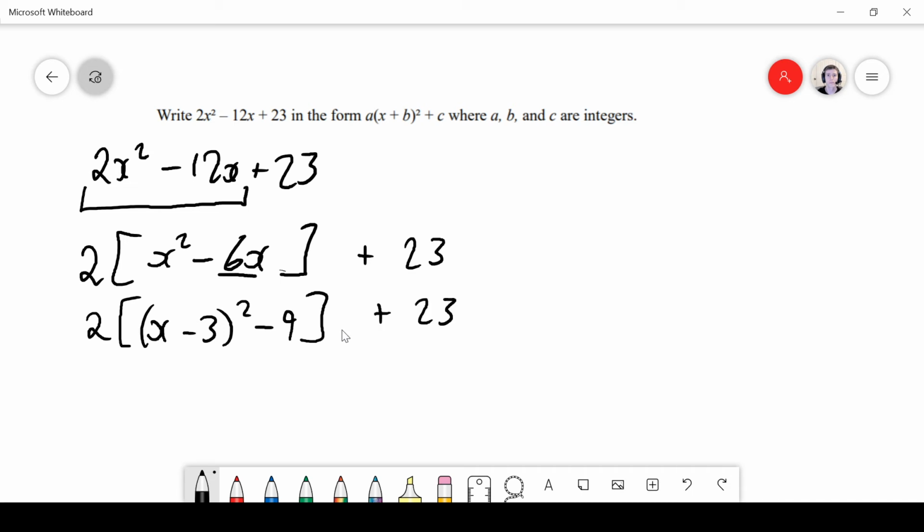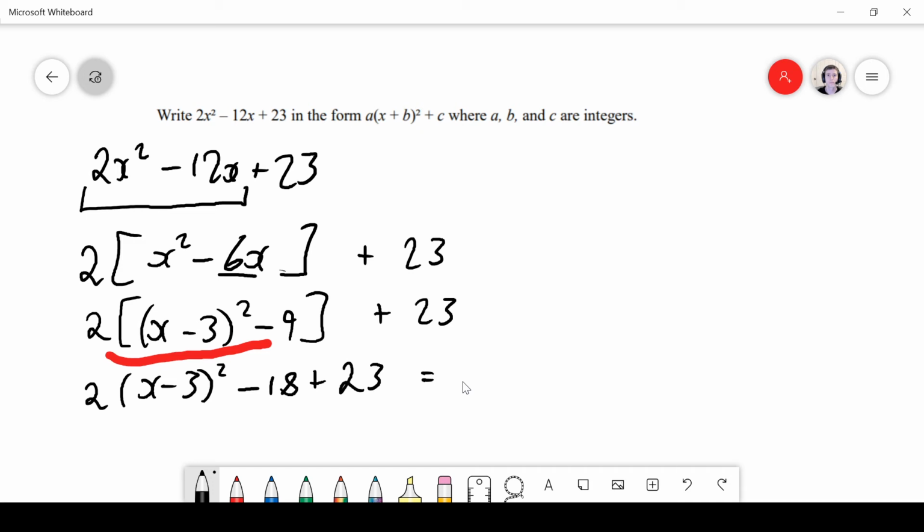Now we can times everything inside here through by 2. So 2 lots of (x minus 3) squared, which just gives us 2(x minus 3) all squared, and then 2 times minus 9. That line is way too thick. 2 times minus 9 gets minus 18, and then we're adding that to 23, and that's equal to 2 lots of (x minus 3) squared, add 5.